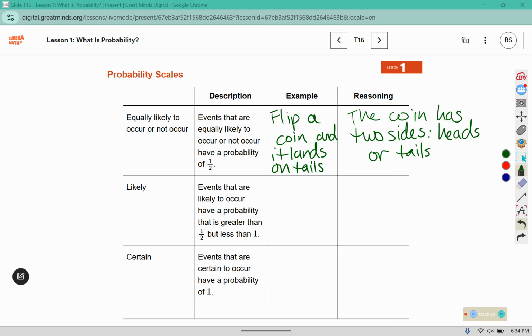Events that are likely to occur have a probability that is greater than 1/2 but less than 1.